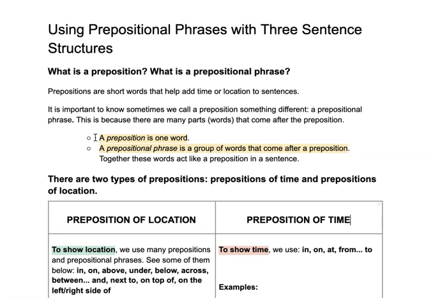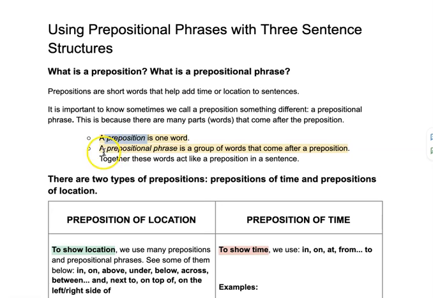we talk about prepositions. A preposition is one word. For example, the preposition in, or the preposition at, or the preposition on, above. So a preposition is typically one word, but it sometimes has more than one.